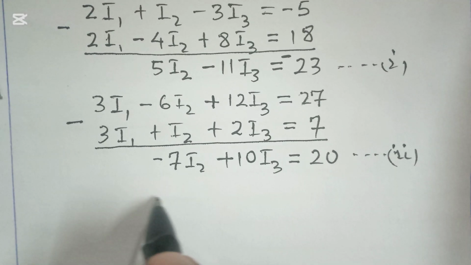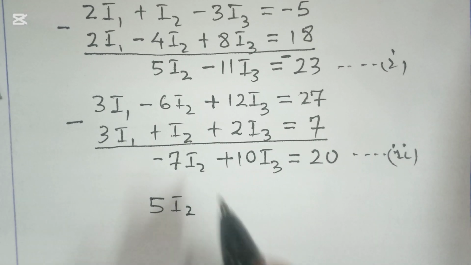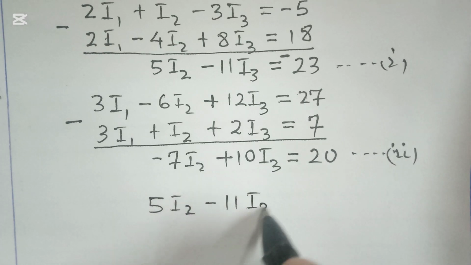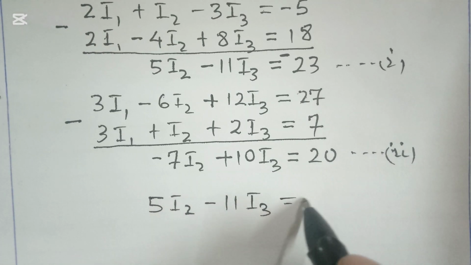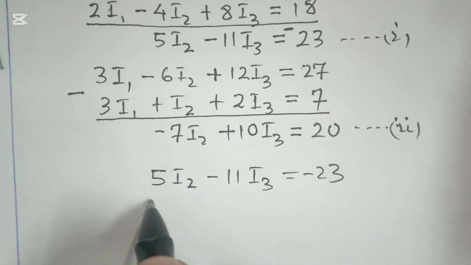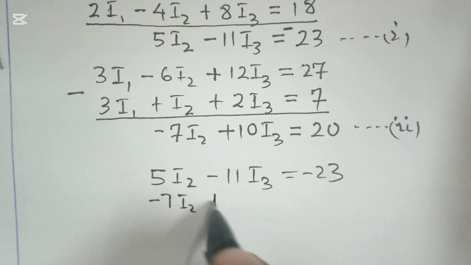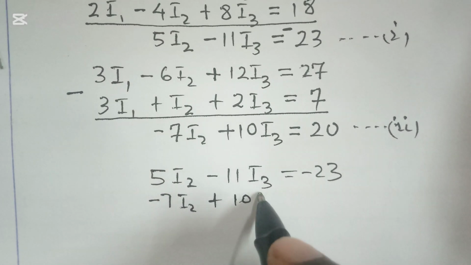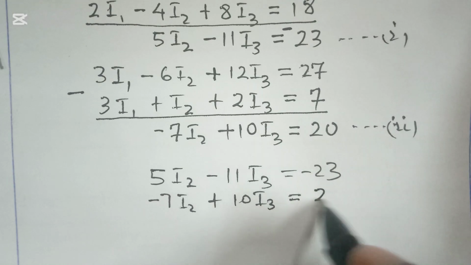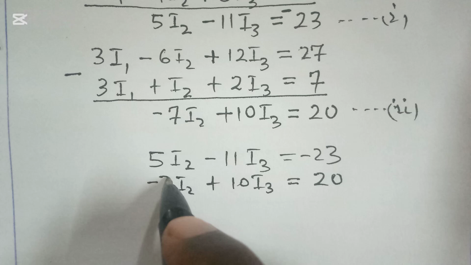We shall have 5I2 minus 11I3. This gives us minus 23. We also have this one, minus 7I2 plus 10I3 equals 20. Guys, we once again come and eliminate.